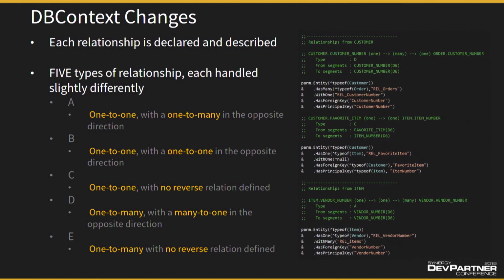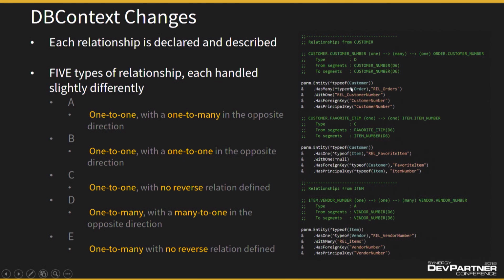That's what we call type A. And there's just variations on the theme. So the second type is a 1-to-1, where there's a 1-to-1 in the reverse direction. We've got a 1-to-1 with no relationship defined in the reverse direction. A 1 to many with a many to 1 in the reverse direction, and so on. So those are the 5 different things, and each of them are treated slightly differently.